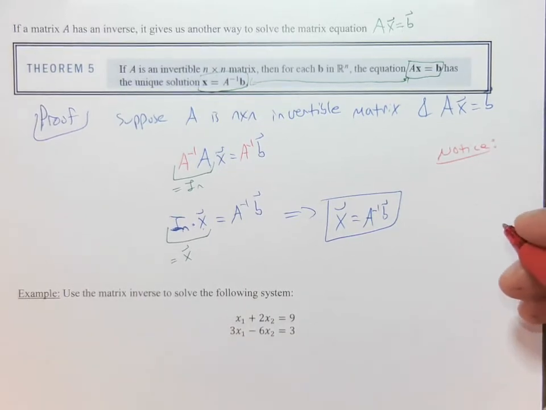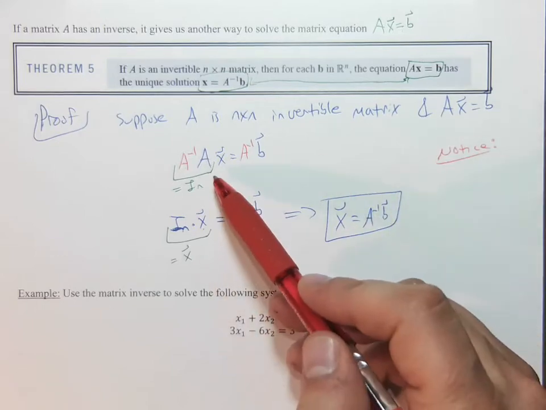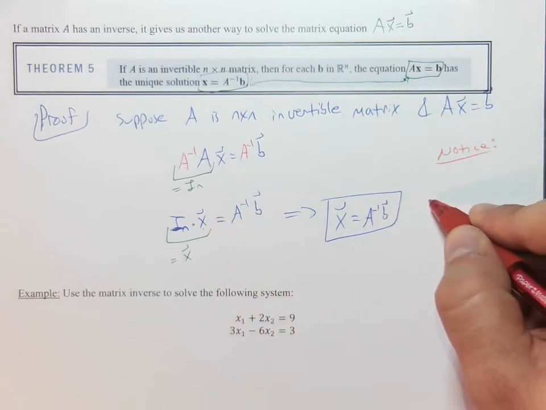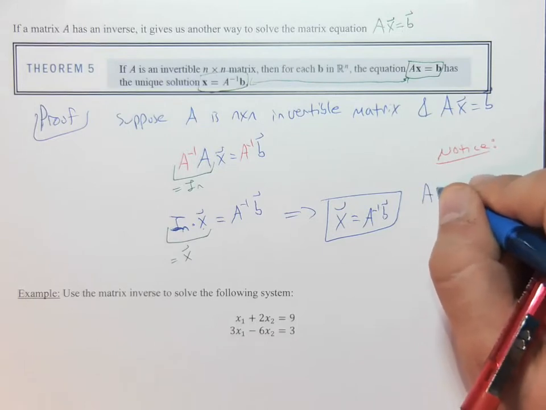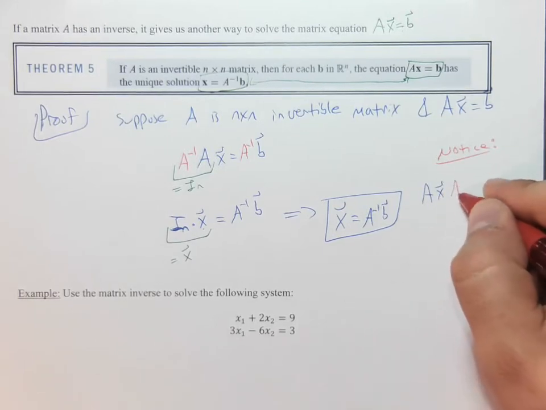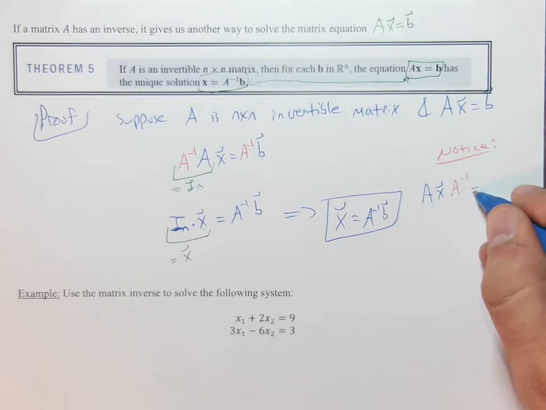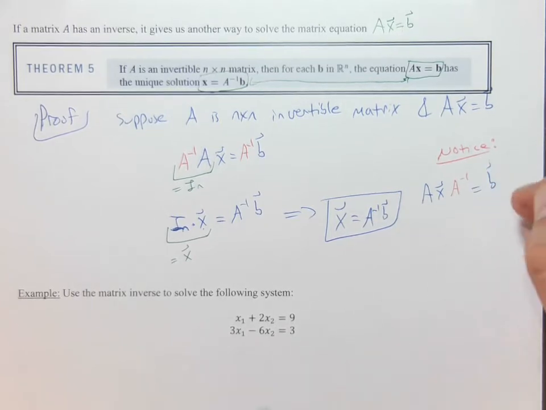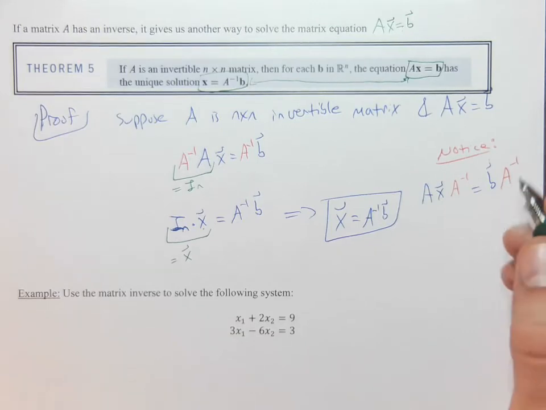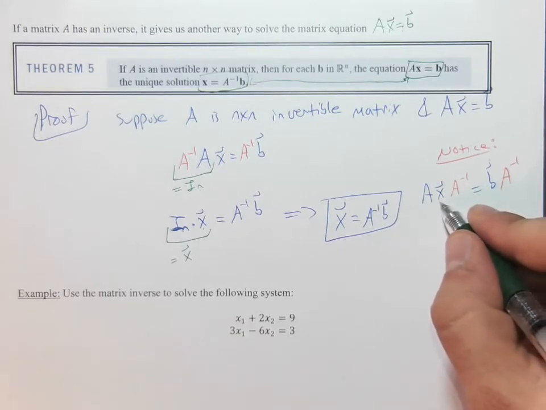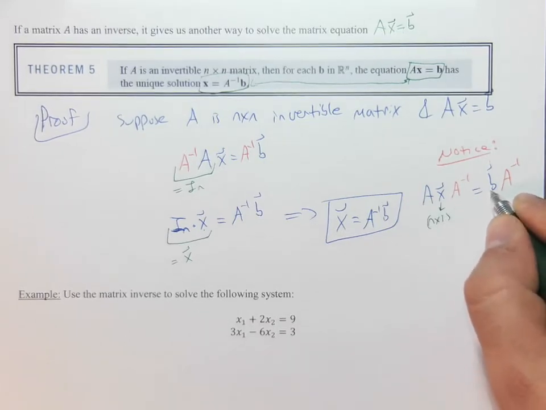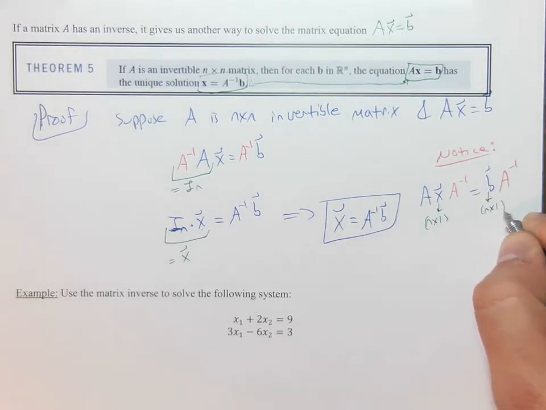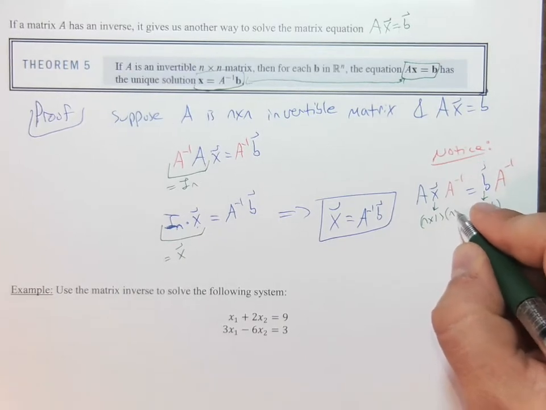If you tried to multiply the inverse on the right side of that equation, so if you did AX, and then you multiplied on the right by the inverse, and then it equals B, and you multiply B on the right, that's not going to make sense based on what we talked about in the last section, because X is n by 1, and so is B, but the inverse is square.